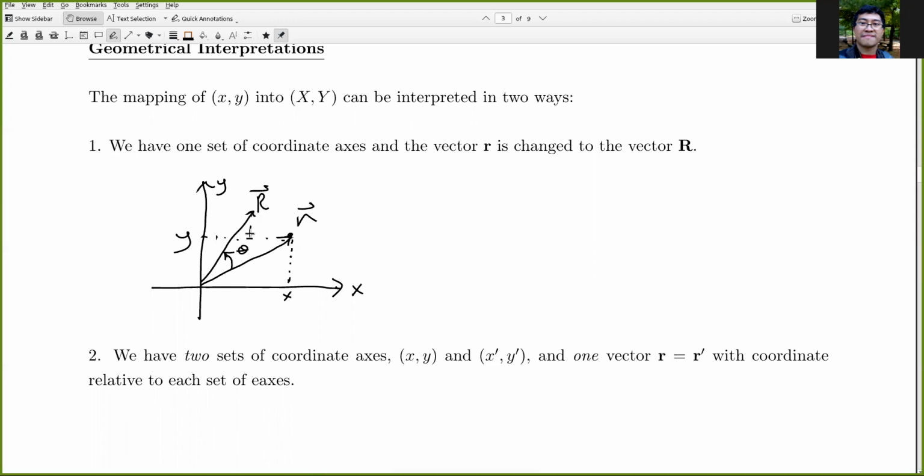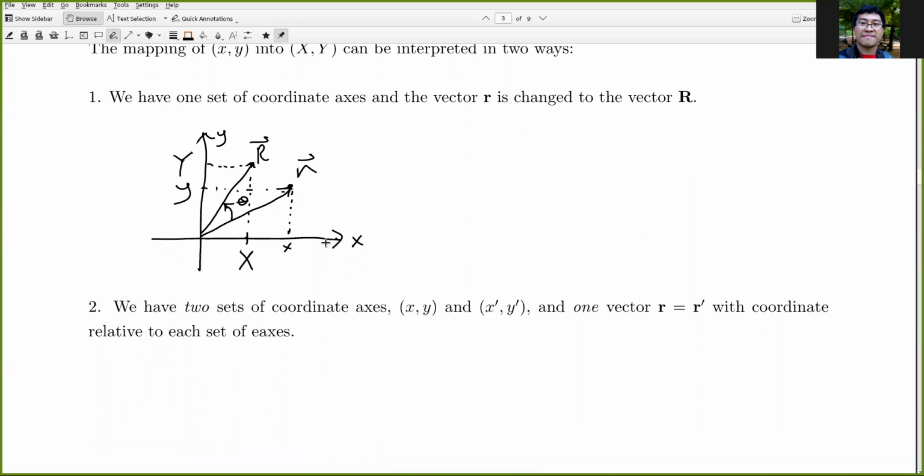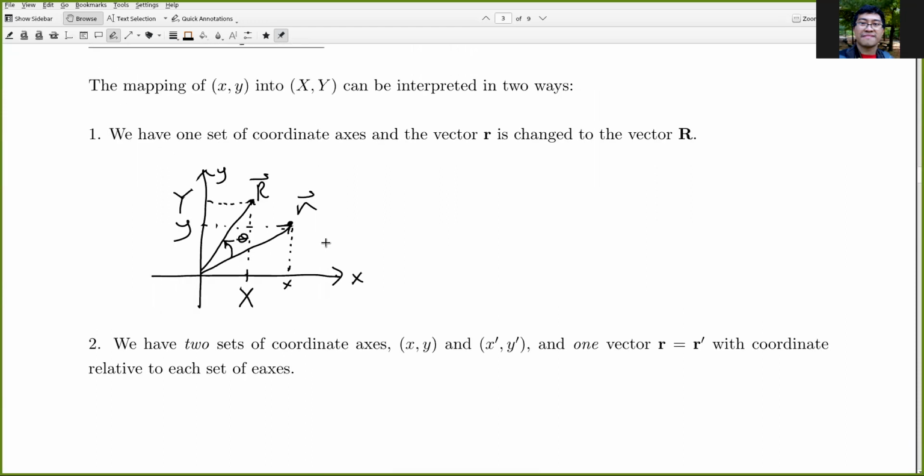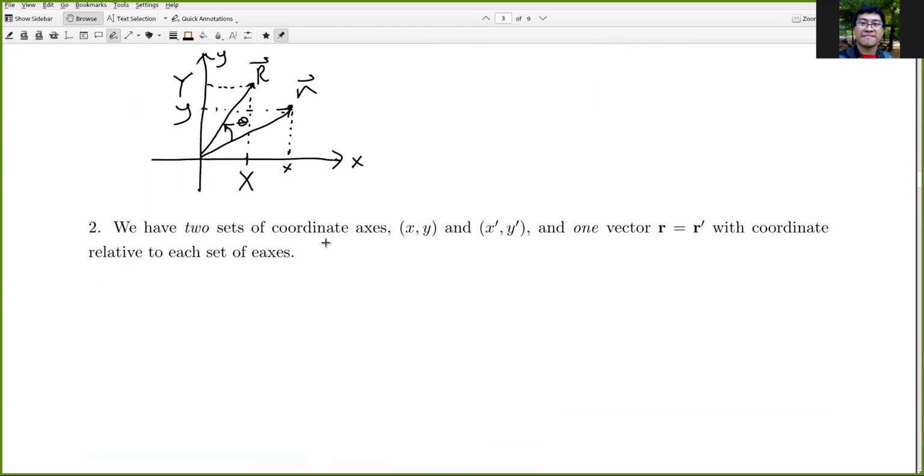So we now have a new X component, let's say that's capital X, and another Y component, let's call it capital Y. We can also have a different interpretation of the mapping. Here we have one set of coordinate axes, x and y.